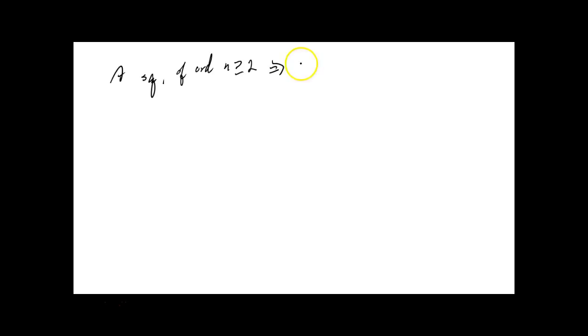the determinant of A is the sum of the entries in its first row multiplied by their respective cofactors. Here's where I really don't like this.